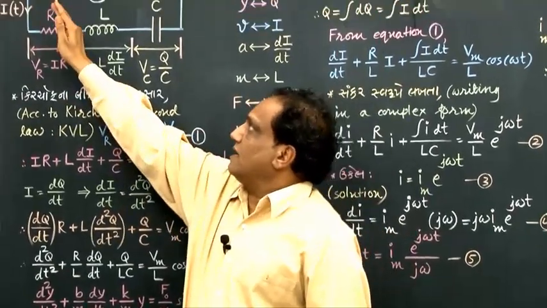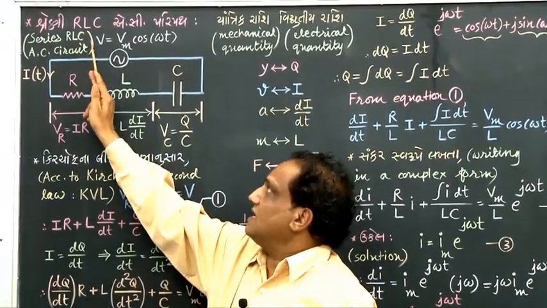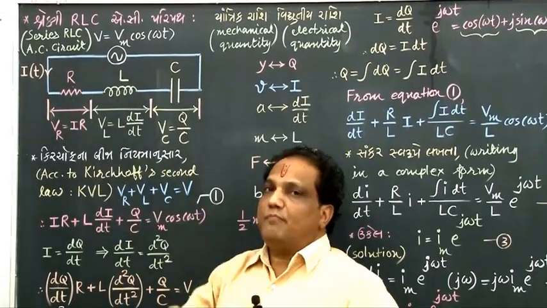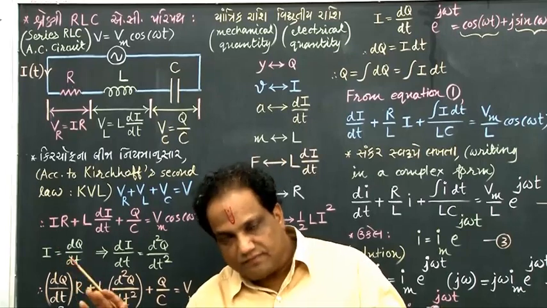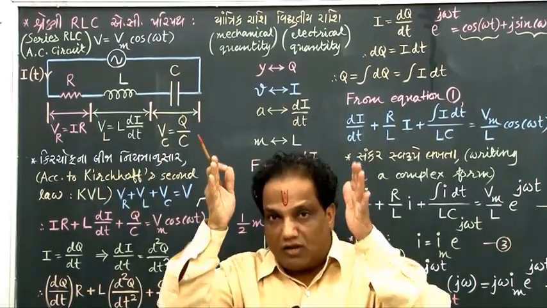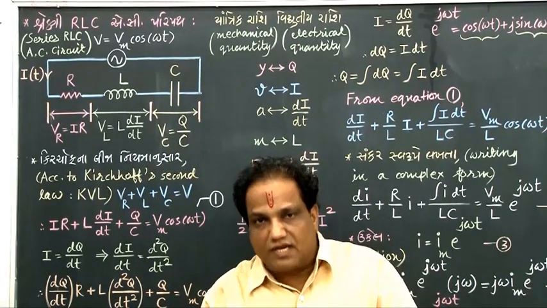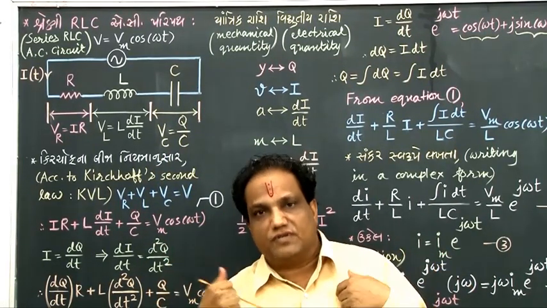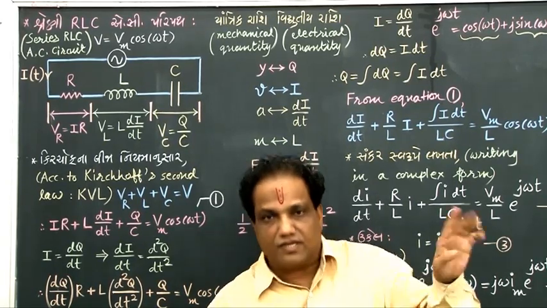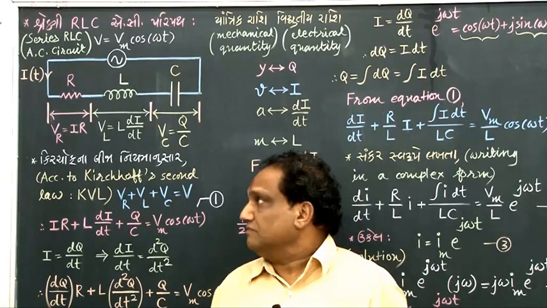So it may be RLC, LCR, LRC, or CRL, makes no difference. If you desire, you can connect these components in parallel also, but that parallel circuit is not in our syllabus. In our syllabus, we have to study about series RLC AC circuit.